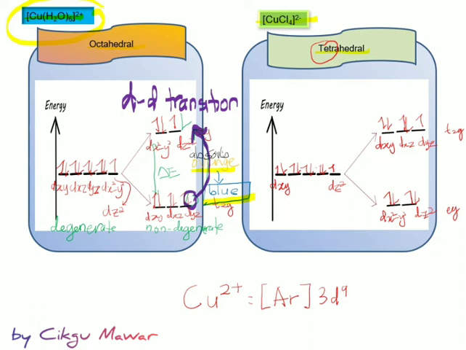At the same time, what happens in the presence of sunlight here? Once again, an electron in a lower energy level will be excited to the higher energy level. During this excitation, it will form an energy difference, and we know that this energy difference corresponds to the wavelength of visible light.